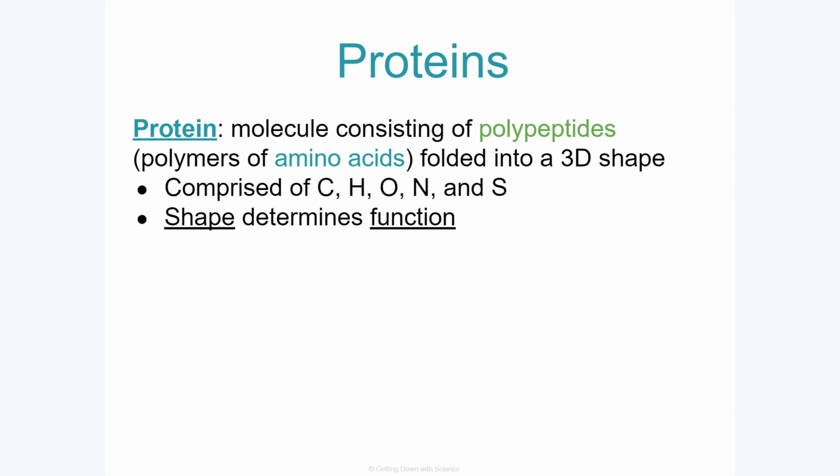The shape of the protein determines the function. So structure dictates function. Let me repeat that again because it's super important. You can answer most questions just knowing this fact: that structure dictates function.